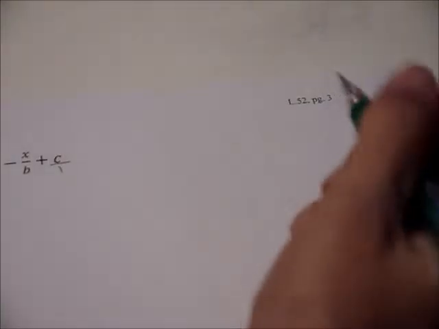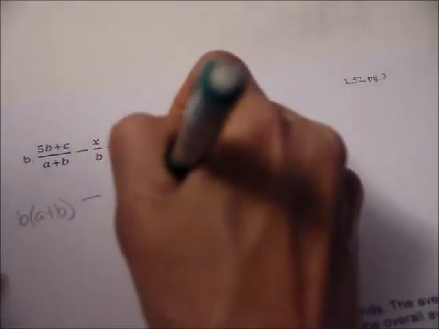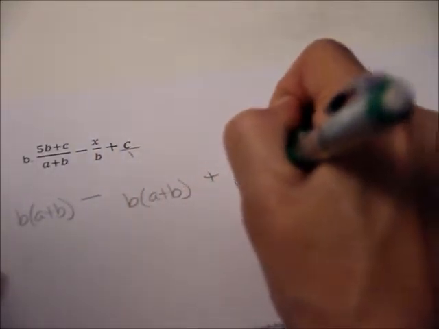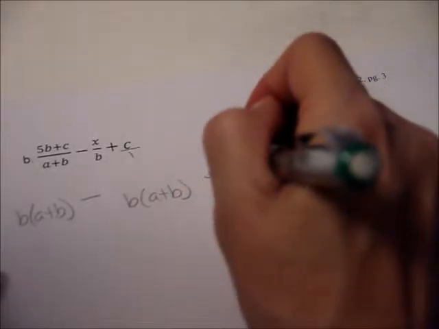Okay, the next one. It looks like our denominator is going to be b times a plus b. So we would have b times a plus b, and I'm just going to write it 3 times. Okay, well, that was the same, so we multiply the top by b.